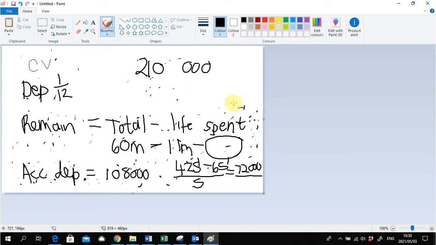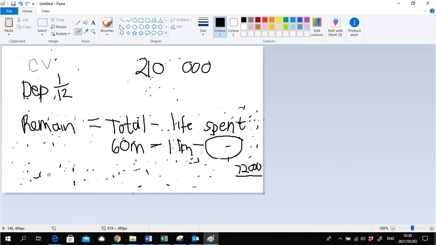Now I need to go and find out how many years are in 108. Right, so we had accumulated depreciation of 108 and our annual depreciation of 72,000.